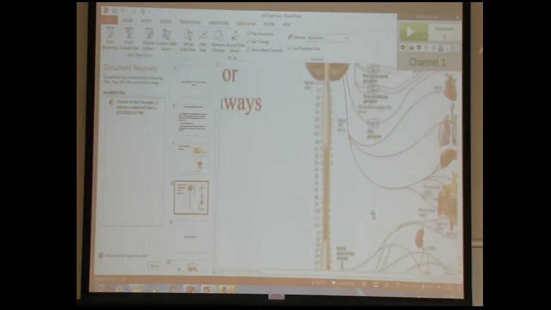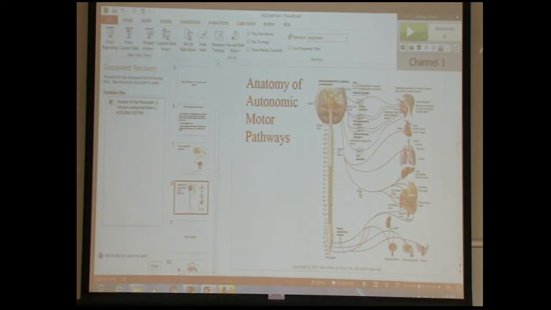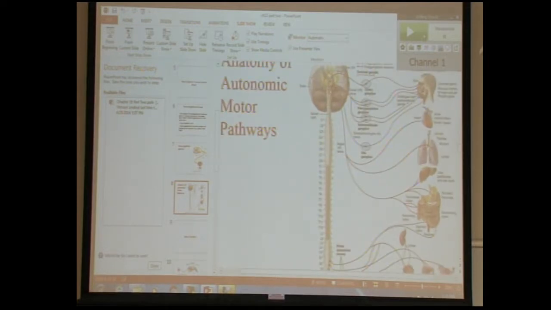And then which of those has the preganglionic neurons going farther? So it's the parasympathetic, right? Because for a lot of those, the preganglionic axon goes almost all the way to its final destination.